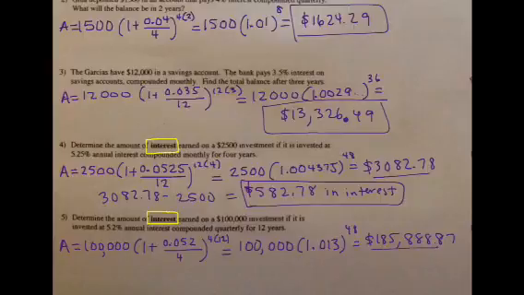When you subtract $100,000, you get $85,888.87 in interest. Okay, so that's the answer you're looking for here.